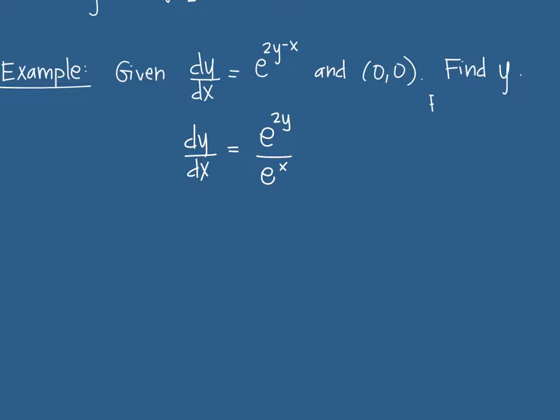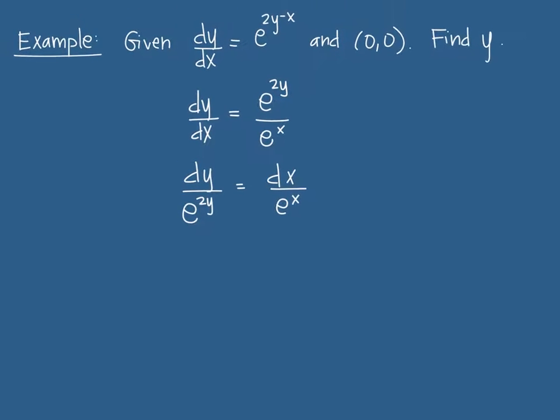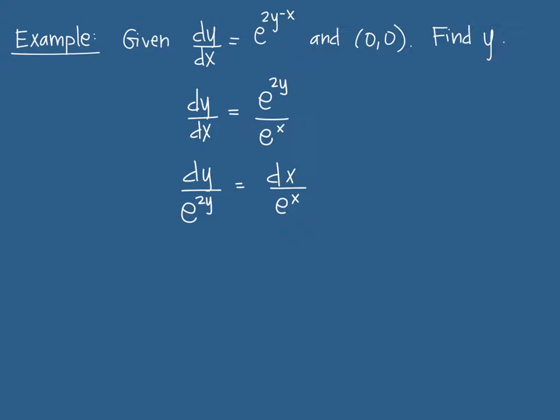Now we want to separate, which means all things x need to be on one side and all things y need to be on the other. So we're going to end up with dy over e to the 2y, and we're going to end up with dx over e to the x. So I just separated.